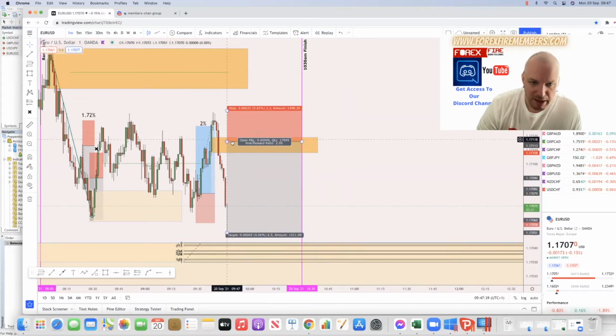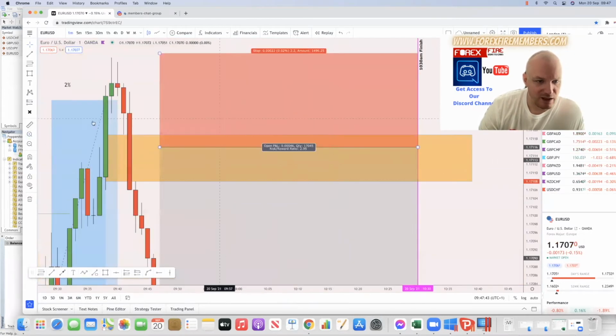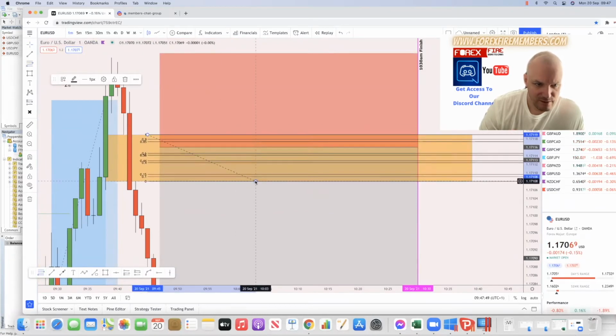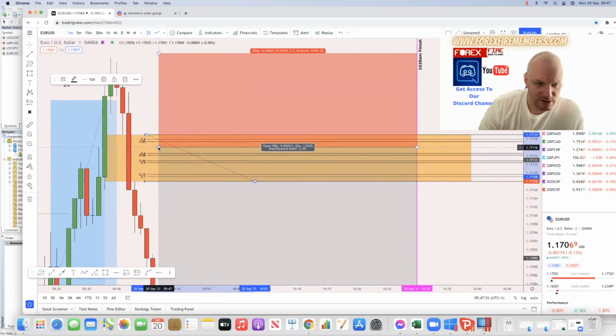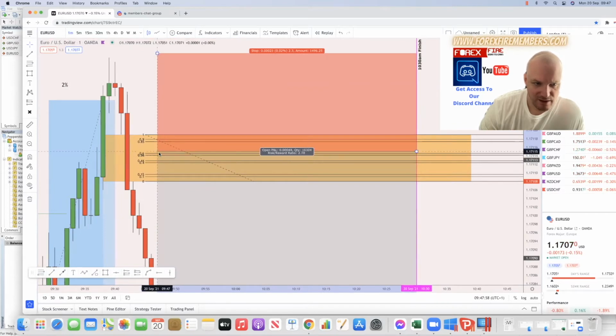So, imbalance area. Let's just find out our zones. Let's take a look.